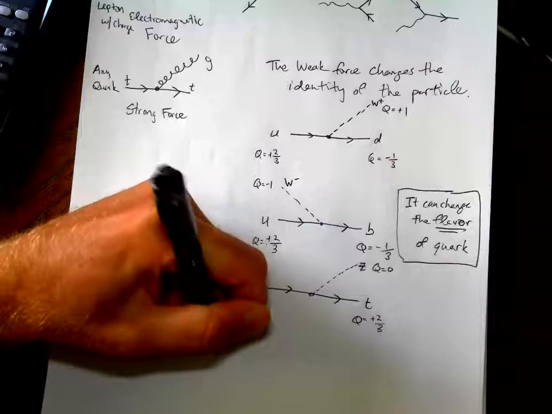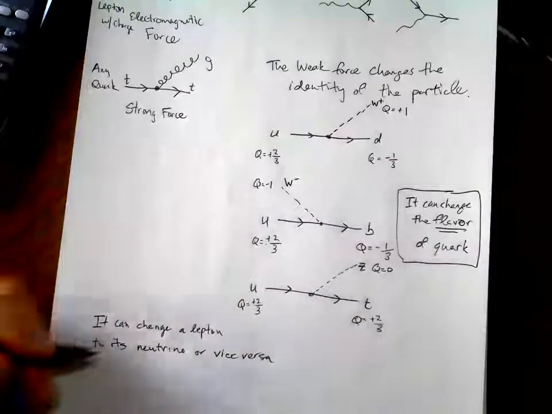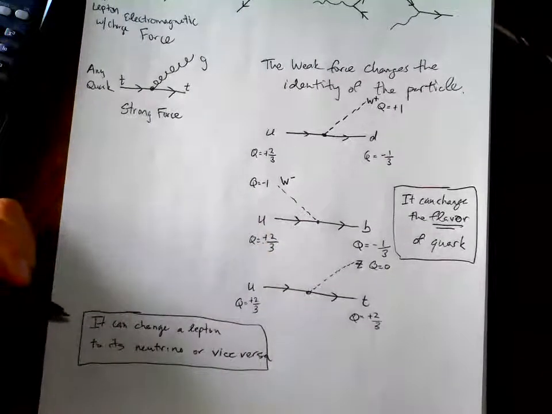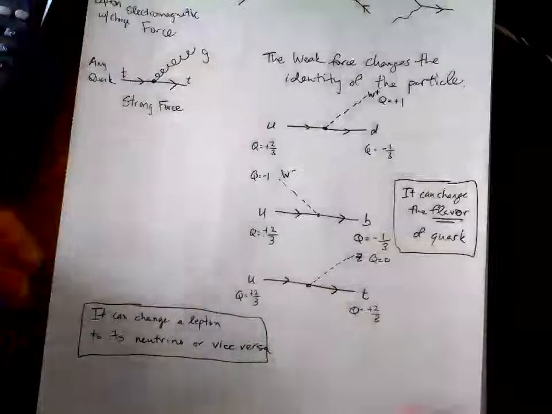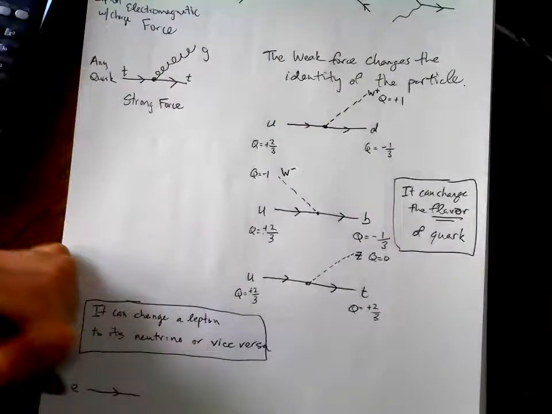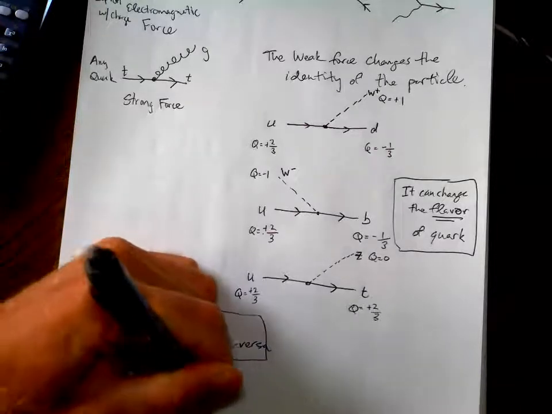Okay, so what it could do, for example, is take an electron and turn it into an electron neutrino.